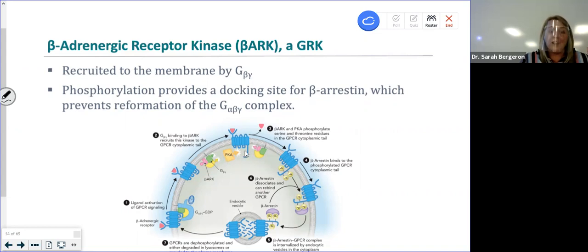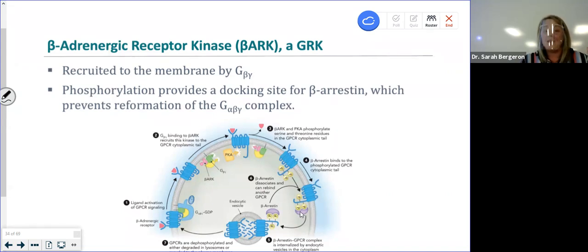Those can go in and phosphorylate the cytoplasmic tail of our GPCR. So now we have this GPCR that's phosphorylated all over the place. Do you see that cytoplasmic tail has all those phosphate groups on it?